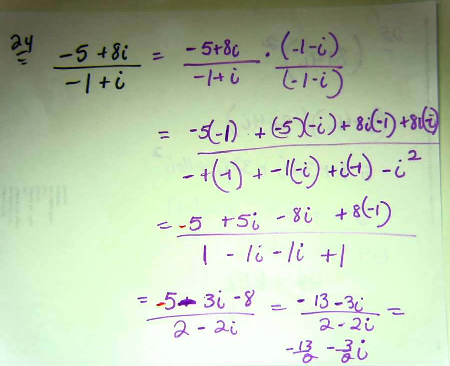I think I still did something wrong, because 2 negatives do give you a positive. I did a sign change somewhere that I should not have done, and that's throwing me off right here.